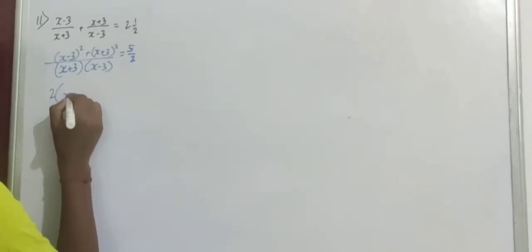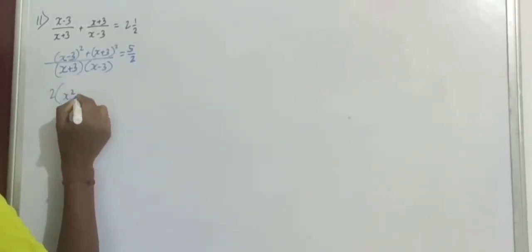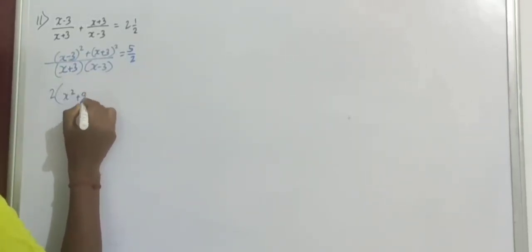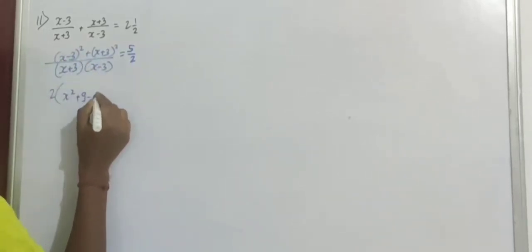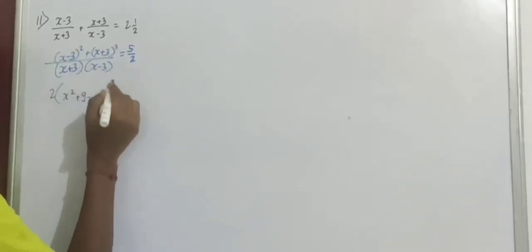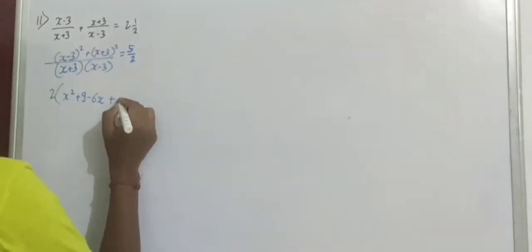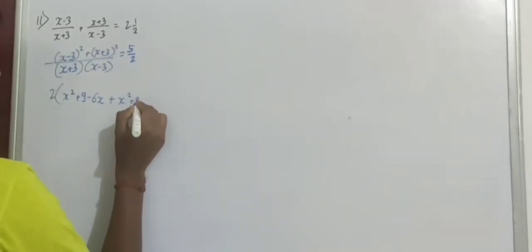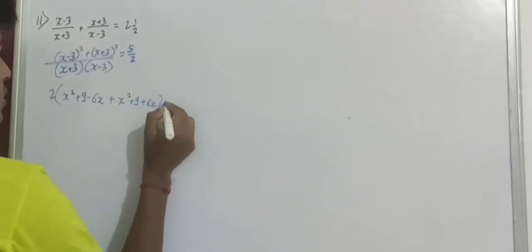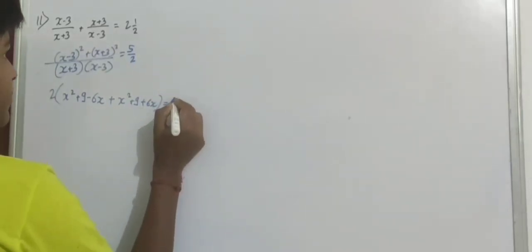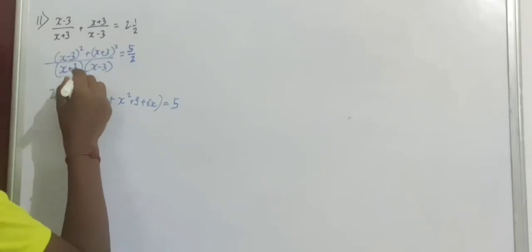This will go x square plus 3 square is 9 plus 2ab, 2 into 3 that's 6x, and plus this term, x square plus 9 plus 6x is equal to 5 into the product of this.